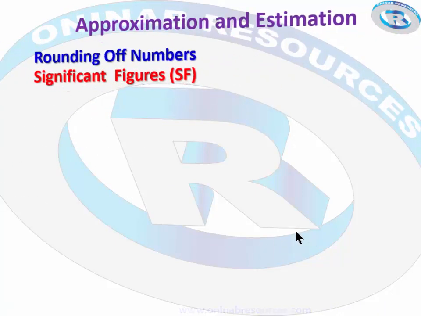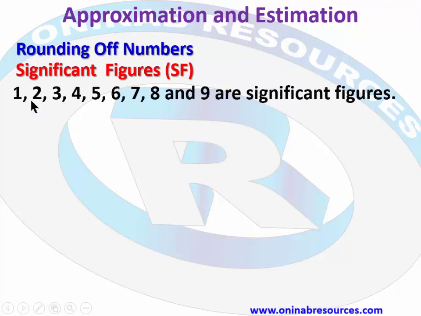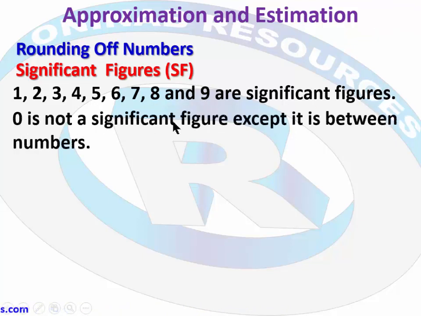Then we now look at significant figures. It's still part of rounding off numbers. 1, 2, 3, 4, 5, 6, 7, 8, and 9 are significant figures. 0 is not a significant figure except when it is between numbers.